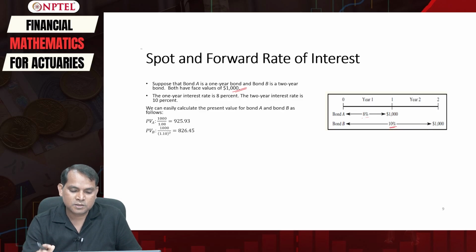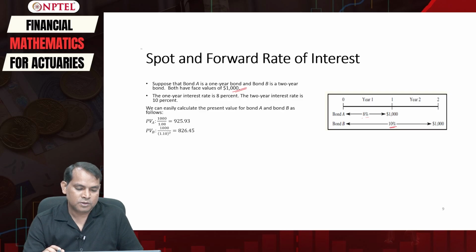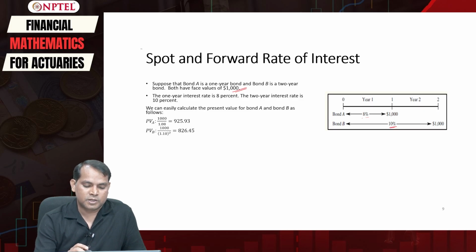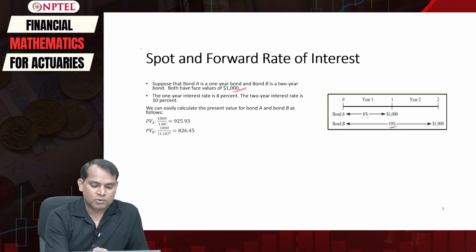We can easily compute the present value and future value of bond A and bond B. So how do you compute the present values? The present value of A, with this 8% interest rate and face value 1000 rupees, is $1000 divided by 1 plus the spot rate, that is 1.08.